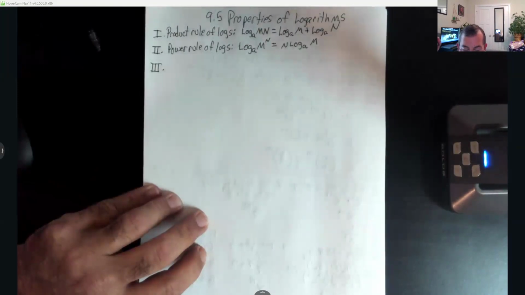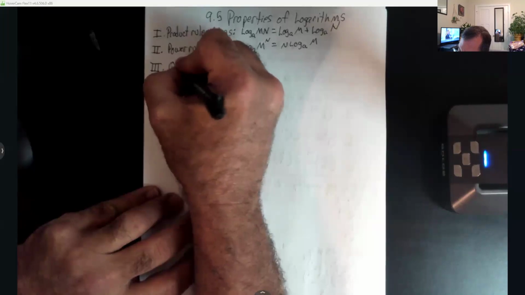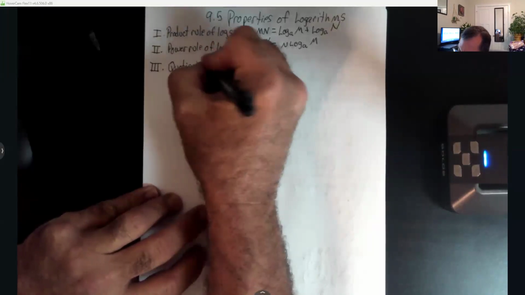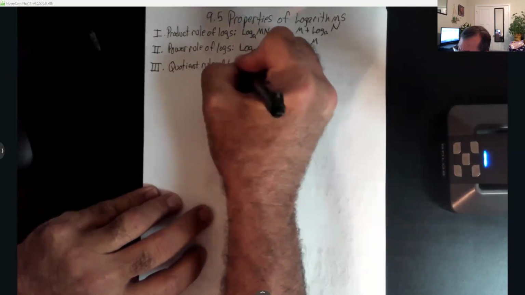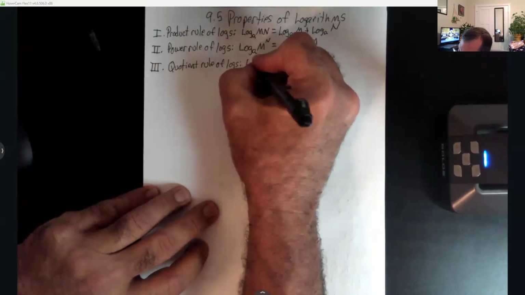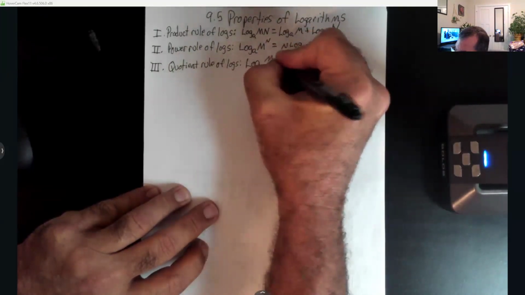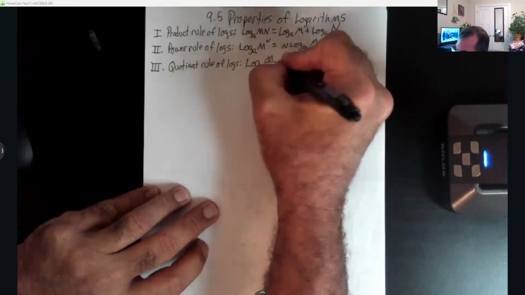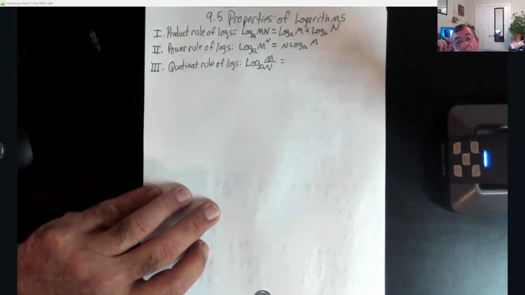All right. We have the quotient rule of logs. That dealt with division. So if we have log base A of m divided by n, well, what did we do when we were dividing variables?